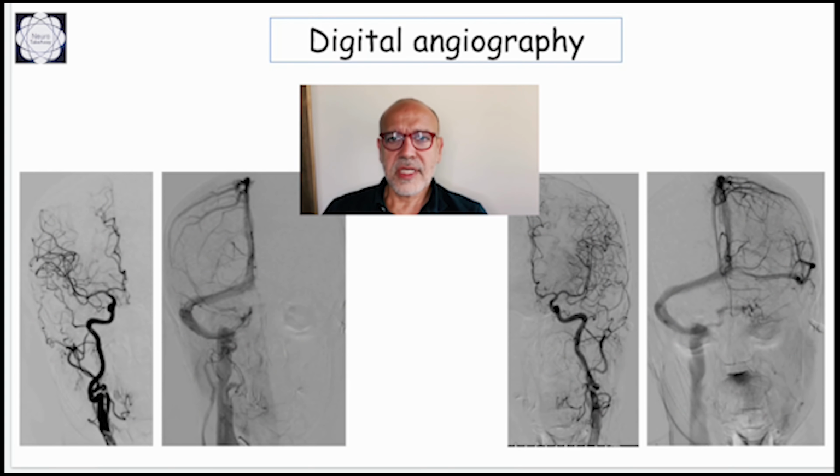Well, the diagnosis was performed by subtraction digital angiography. You can see here on your right side that when we injected the right internal carotid artery, there is normal opacification, both of the arterial and venous phases. There is no contrast on the left side vessels.